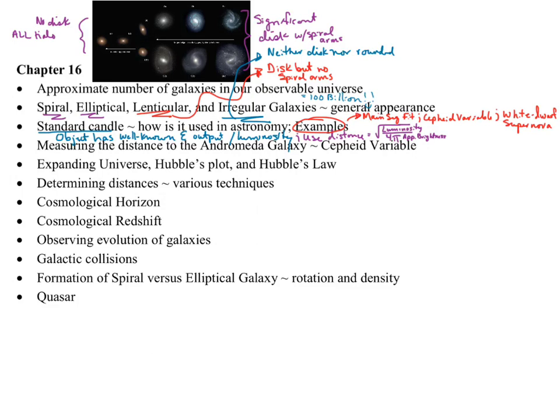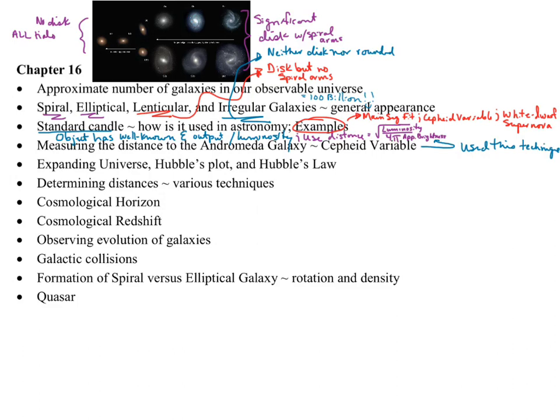So basically, the dimmer it is, the farther away it is, as compared to its luminosity. Examples of standard candles would be main sequence fitting, Cepheid variables, white dwarf supernova. Measuring the distance to Andromeda, of course, he used a Cepheid variable, and he used the technique of Cepheid variable as a standard candle.